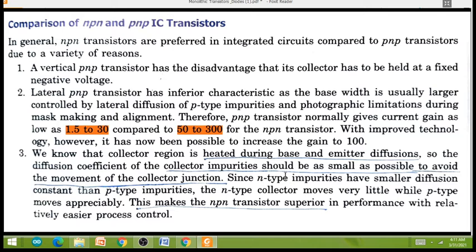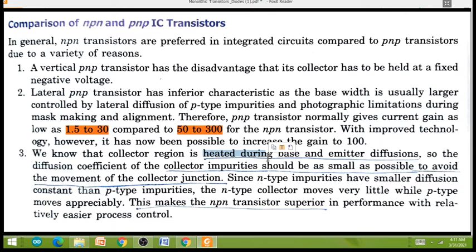whereas the N type impurity has a smaller diffusion constant than the P type impurity, and therefore the N type collector moves very little while the P type moves appreciably. This variation is noticeable, and it results in heating up of the components.